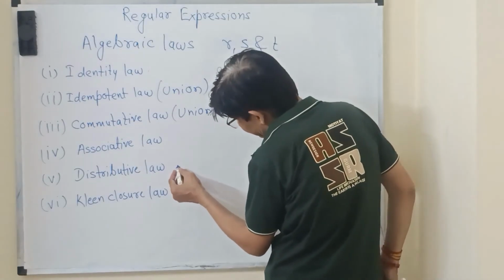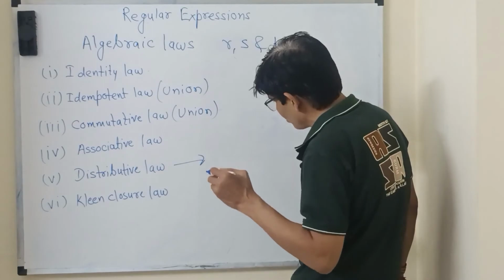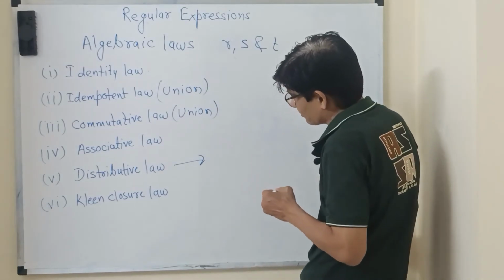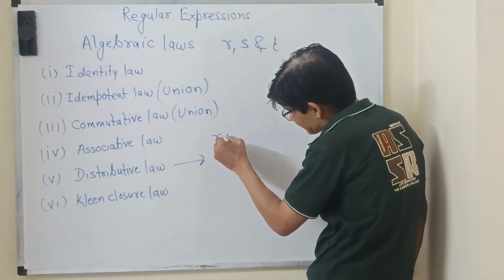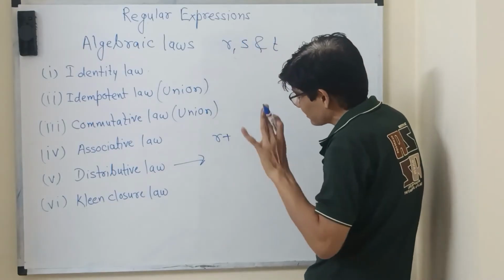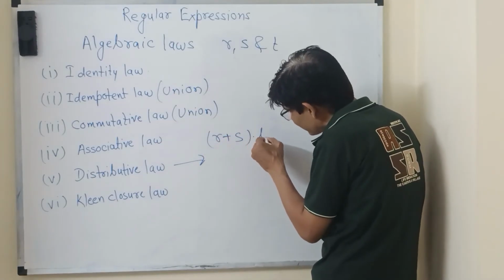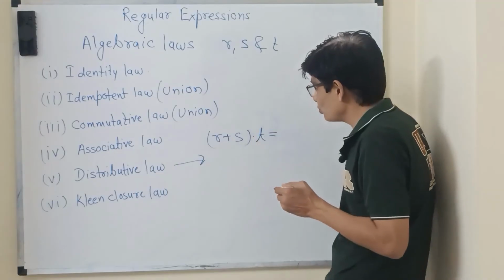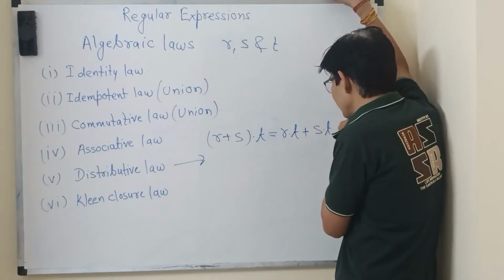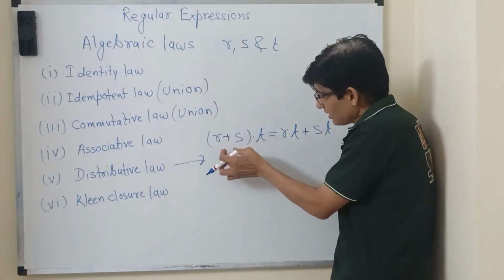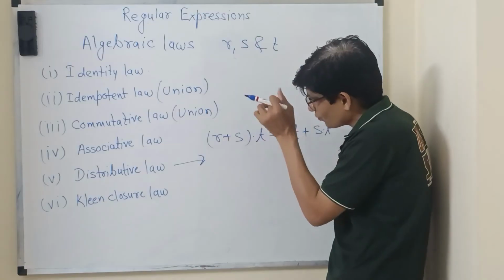Now we will see the distributive law, and how we can use it with union and concatenation. Again we consider R, S and T as three regular expressions. If R plus S is concatenated with T, then it would be equal to R dot T union S dot T. Both will be equal, so this holds true for the distributive law.